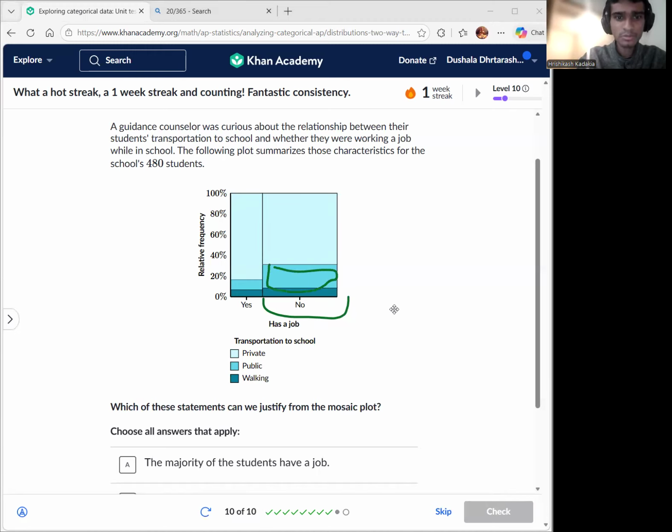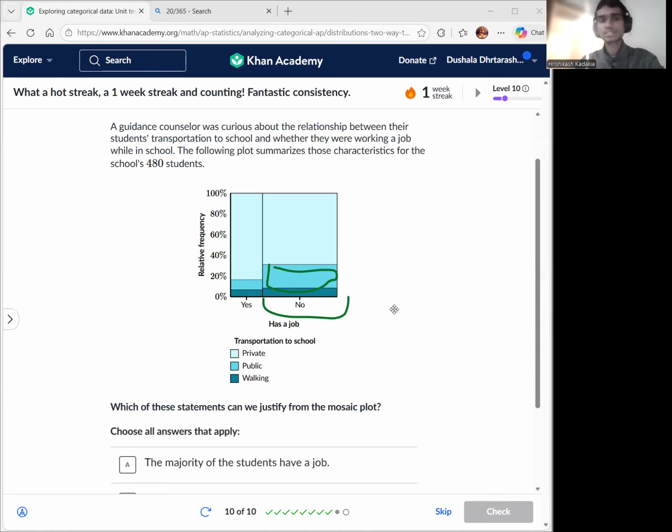So the students who have a job are more likely to use private transportation, maybe their car, maybe their motorcycle, their own sort of vehicle, rather than using public transportation or walking. And those without a job are most often using private transportation too, but compared to the students who have a job, they're more likely to use public transportation or walking.